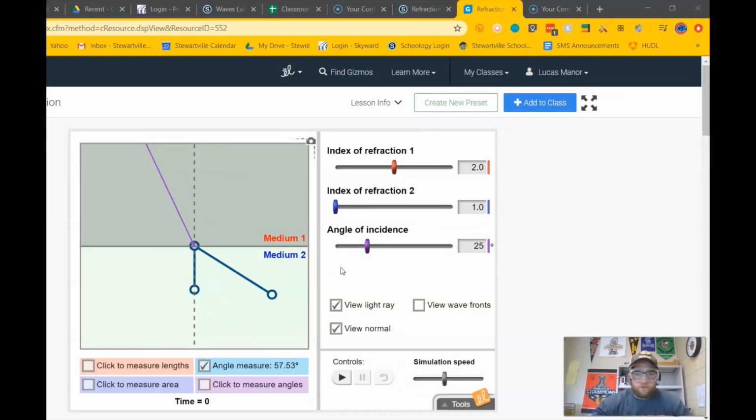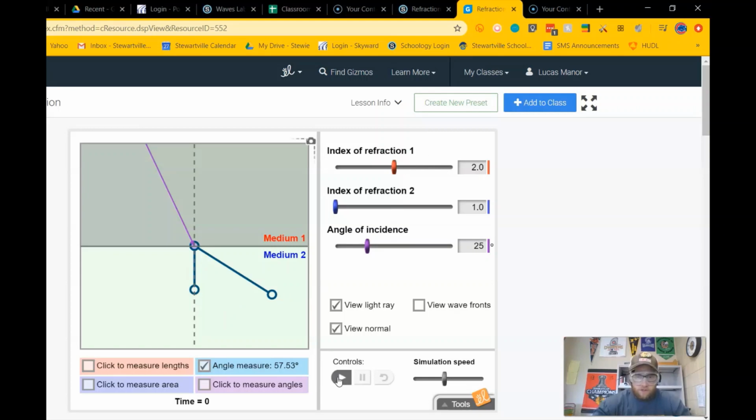Now we need to set our index of refraction 1 to 2. Play again. And we get an angle measure of 57.53, which we are going to round up to 58.